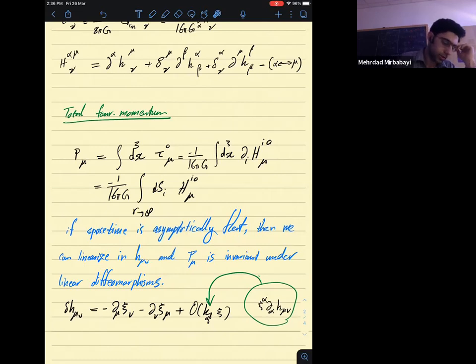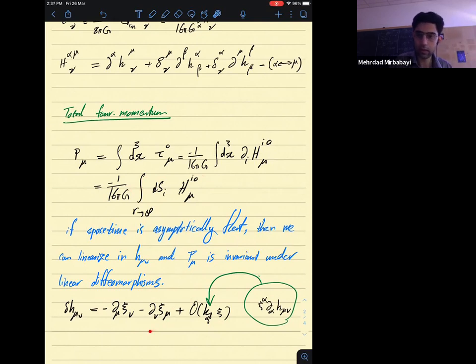To be more precise, for any diffeomorphism except Lorentz transformations, I ignore these terms, and then this part will vanish if you plug it in here. So this expression is invariant.